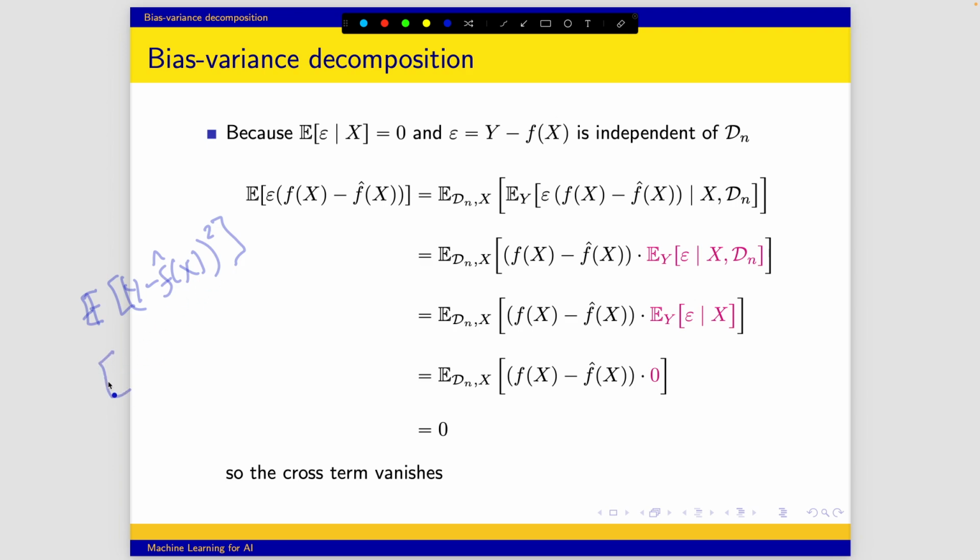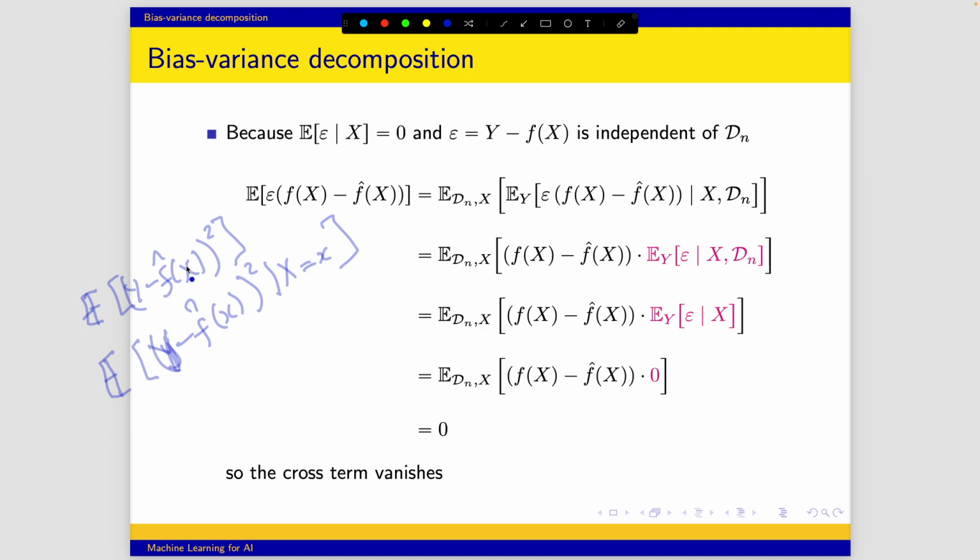What you'll see an expression for is the expected value of the same quantity, (capital Y minus f hat of little x) all squared, given that X equals x. So pointwise, we normally see it in this form.